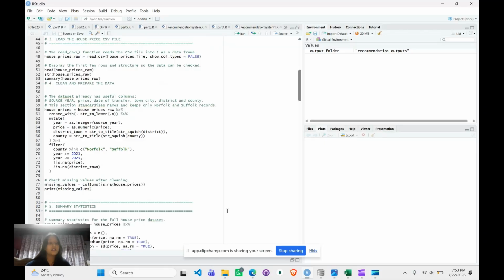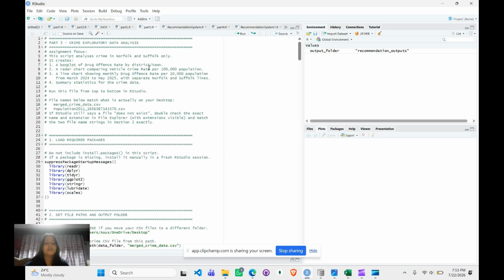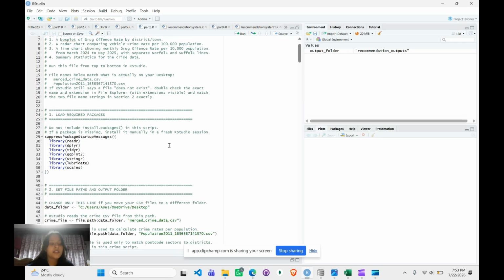For the crime dataset, I also discovered district names extracted from LOC using regular expressions.